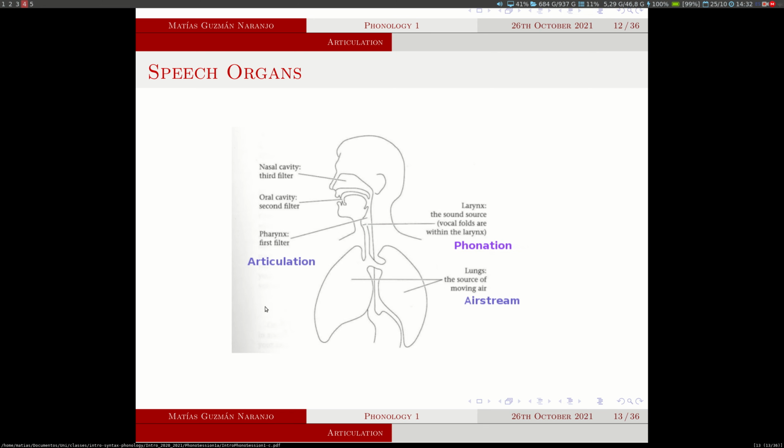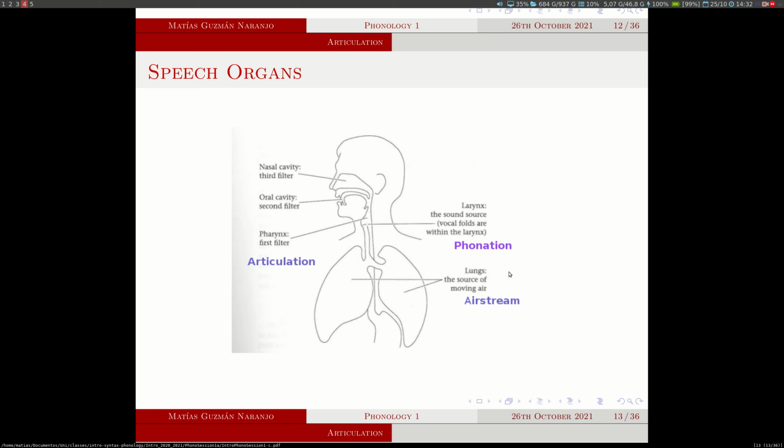Now, to the speech organs we use to produce phones, a very rough diagram is presented here, going from the lungs upwards. First we have the lungs, and these are probably the most important organs in speech production because most phones involve the use of the lungs, which provide the airstream, which is indispensable for producing sound.